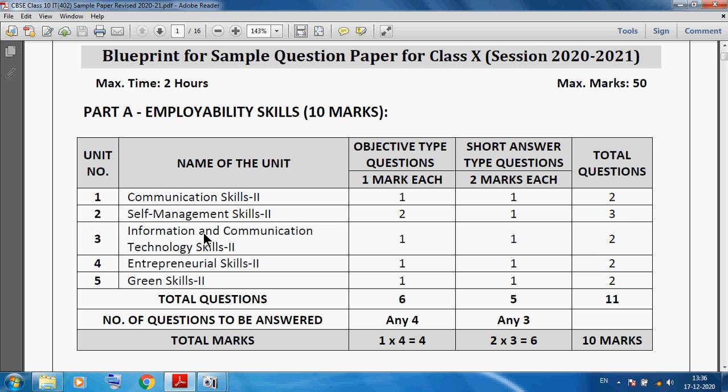In ICT skills, 1 objective type question and 1 short answer, total 2 questions. Entrepreneurship skills has only 1 objective type question and 1 short type question.